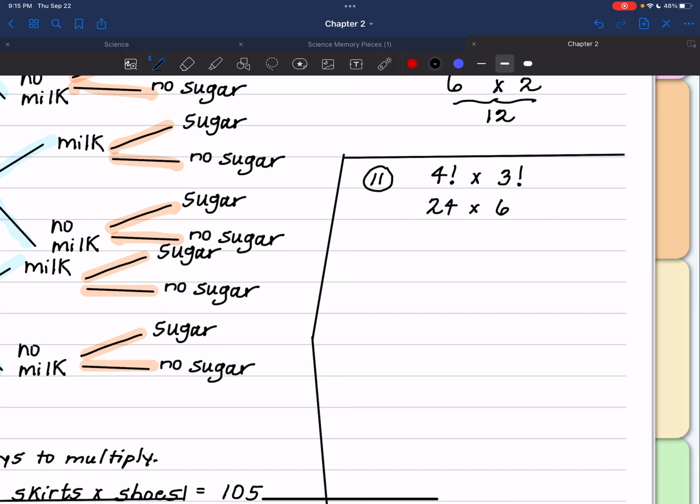And then 24 times 6 is 144. And then we need to see if 144 is divisible by 5. It is not. The reason is that 144 divided by 5 is not an even number.